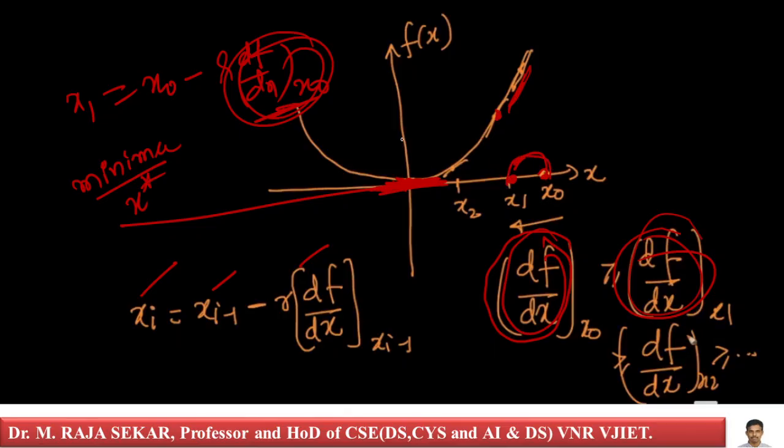Let me repeat. Slope, or the gradient, is slowly reducing.